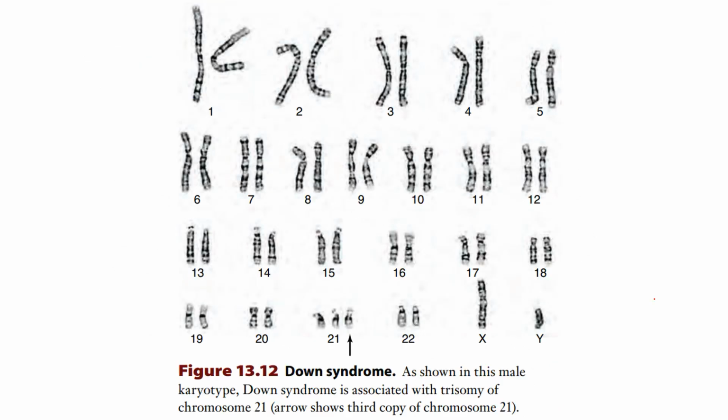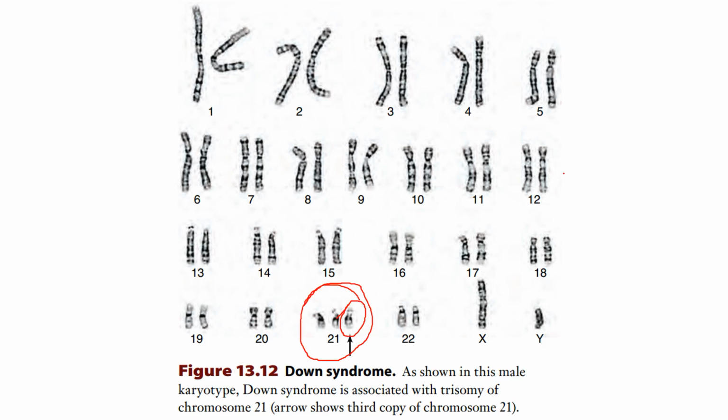This is a karyotype of a Down syndrome individual. Now, what is peculiar about this karyotype? If you examine this karyotype closely, you'll notice that on the 21st autosome, there is an extra chromosome here.